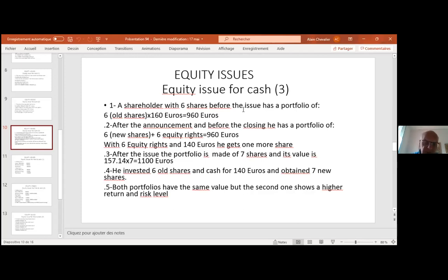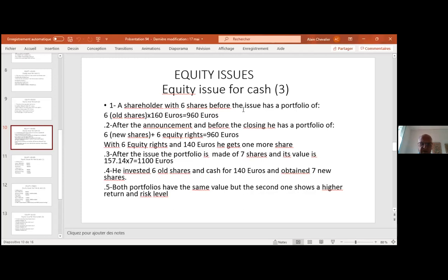If you compare 1,100 euros, the value of the portfolio now, to the 960, the value of the portfolio either before or just after the announcement, we have a difference of 140, and the difference is equal to the level of cash which has been brought by the shareholder.